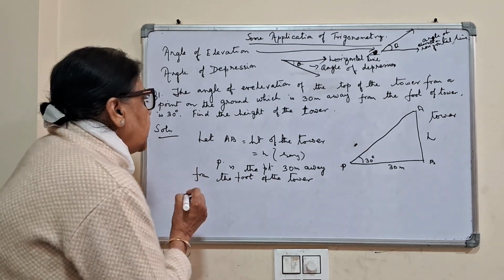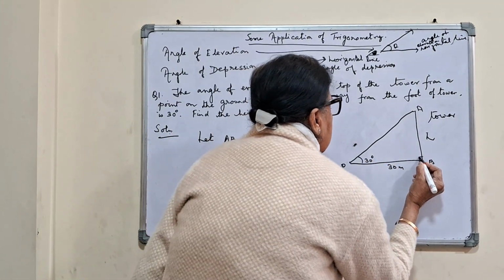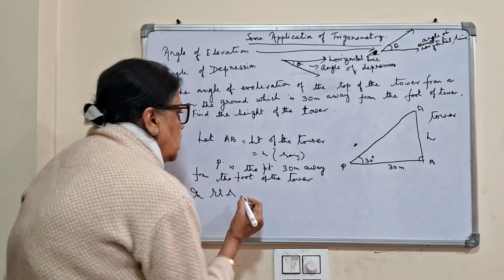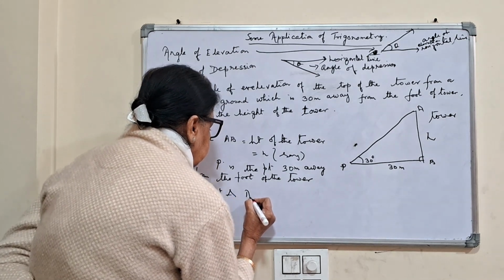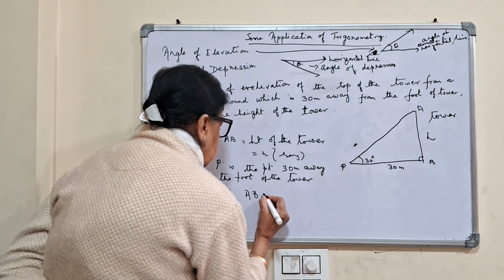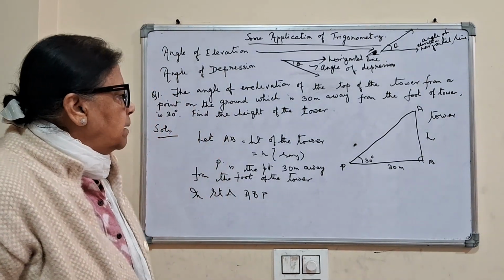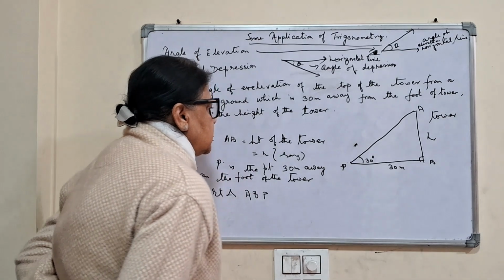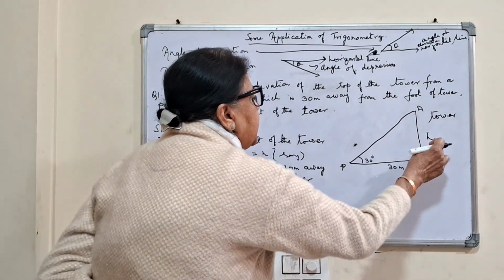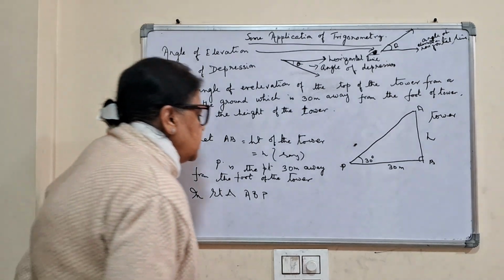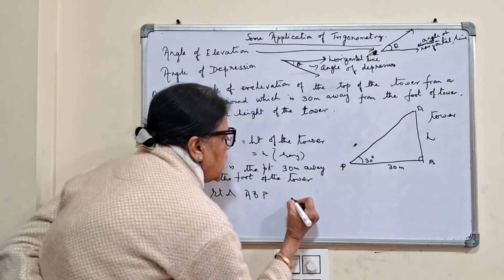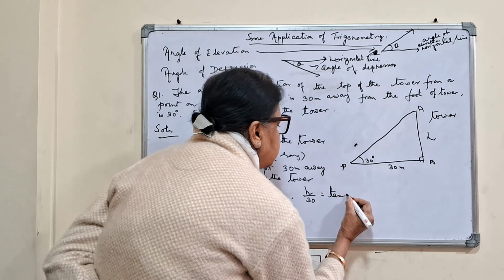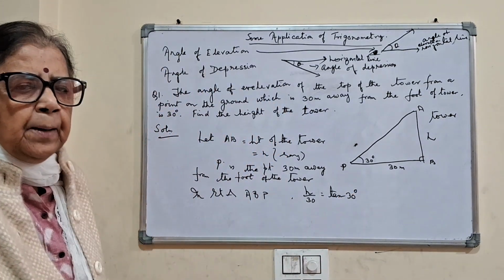So now, in right triangle APB, right angle at B, H by 30, that is AB by PB, is equal to tan of 30, because tan is perpendicular by base.